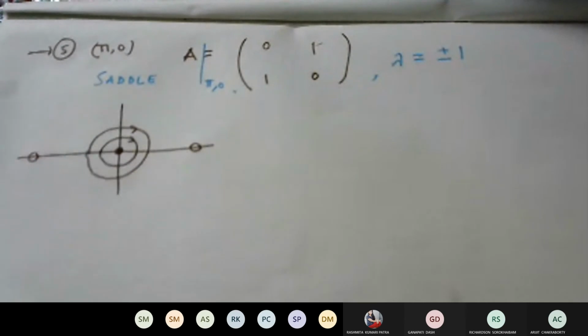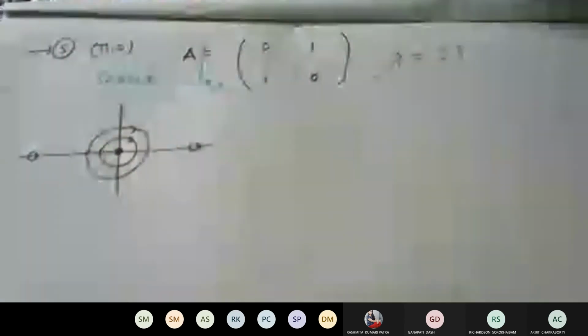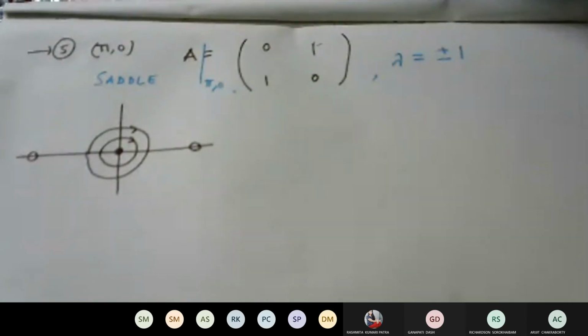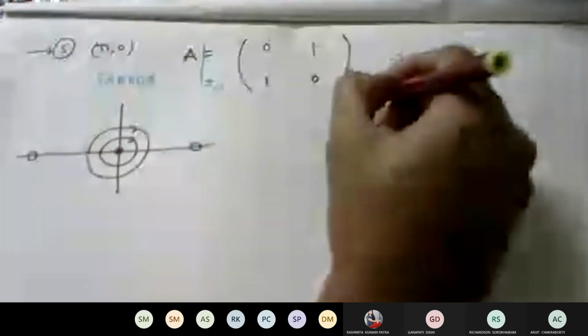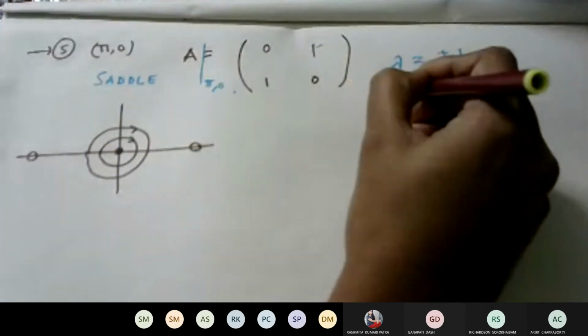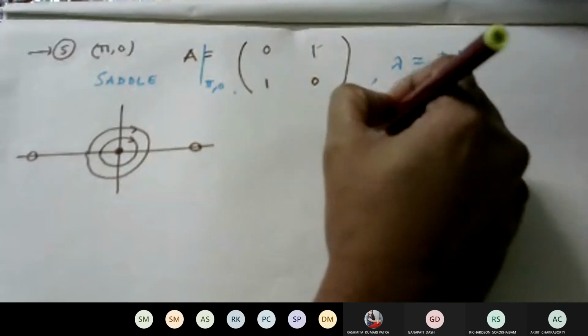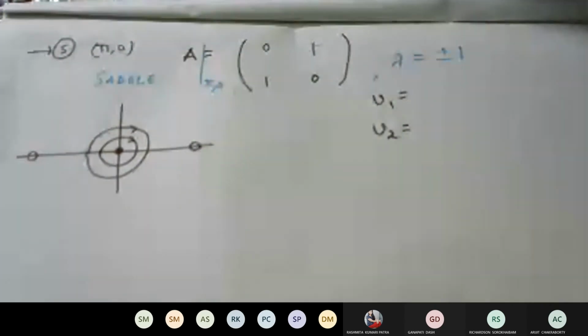Okay. Can you quickly tell me what are the vectors associated with it? Then I can draw the lines and conclude which one is the stable manifold and which one is the unstable manifold. So can someone tell me what is eigenvector 1 corresponding to minus 1, and what is eigenvector 2 corresponding to plus 1?